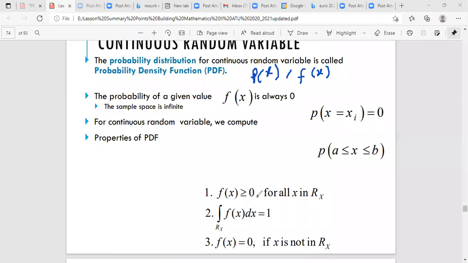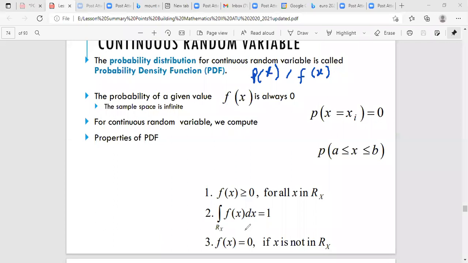Now, there are key properties of the PDF which we have to take note of. First, the probability of X can always be greater than or equal to what? 0, given X in the real number domain. Then point 2, the integral of f of x, the continuous summation of the probability function over the domain, is equal to 1.